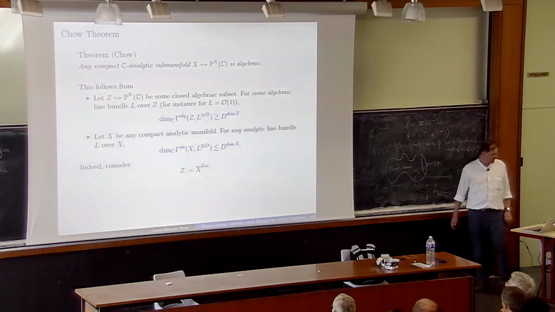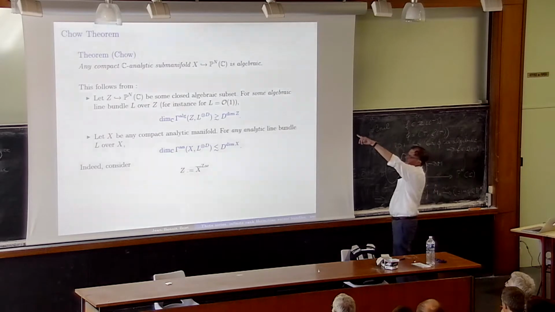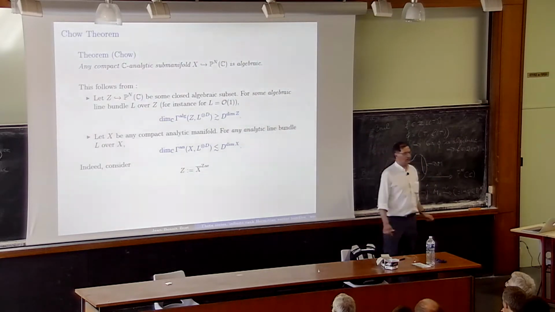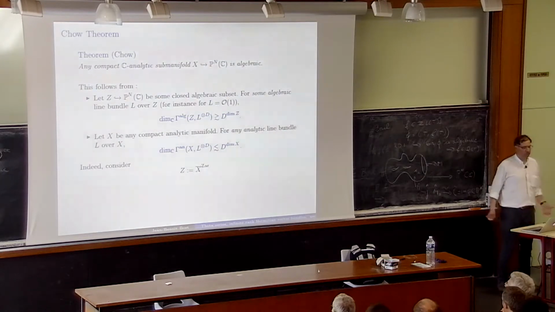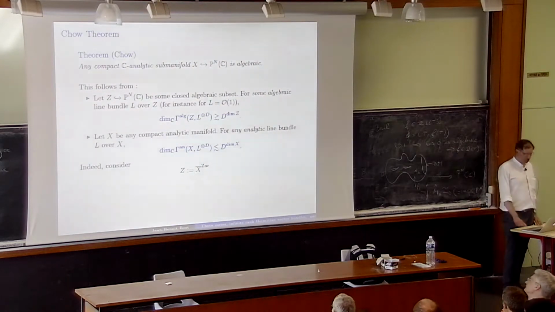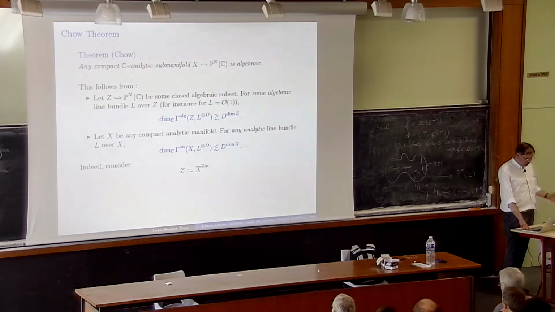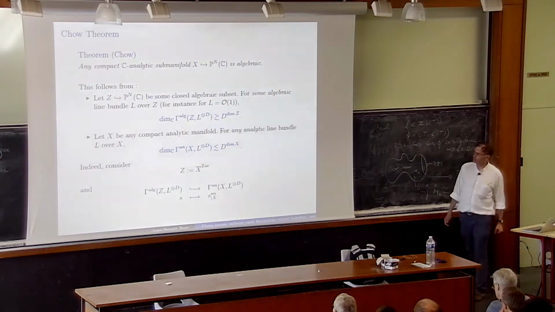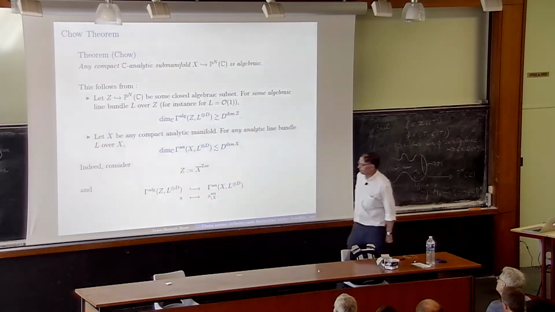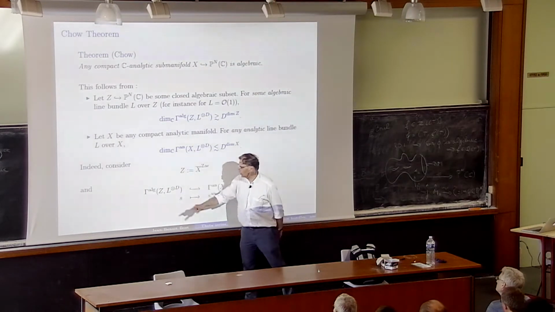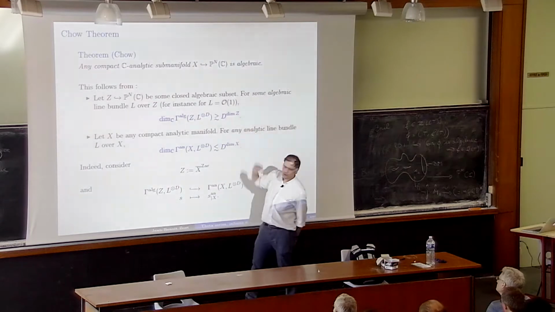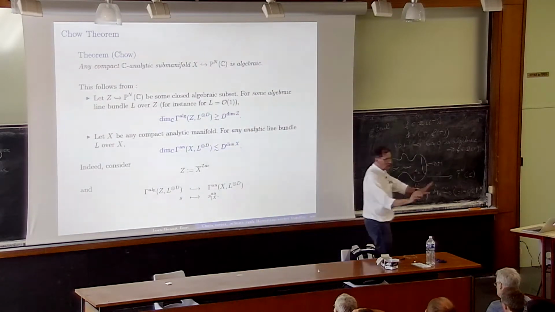You start from X, as in the statement of the theorem, and you look at its Zariski closure. Of course, it's some algebraic variety, possibly larger, which is easily seen to be irreducible if you start from something connected. Now you choose the L on the Z given by the first statement. Of course, it is O(1), but you don't even need to know that.